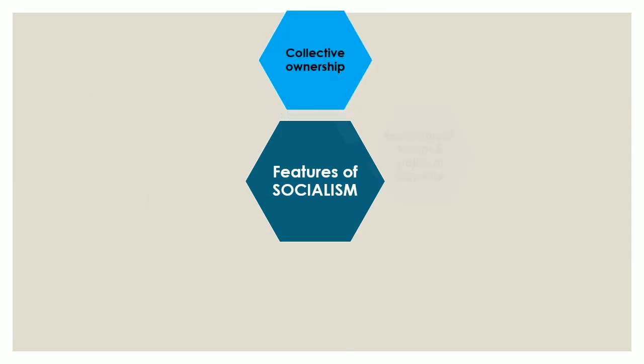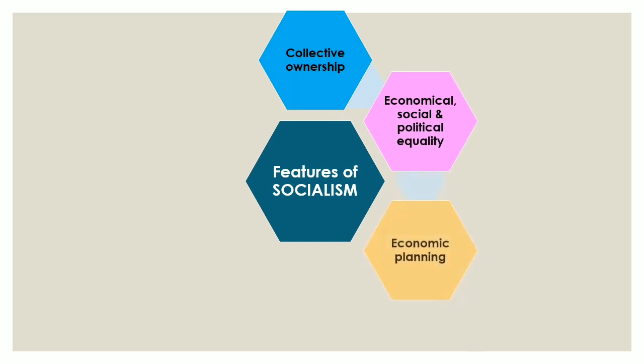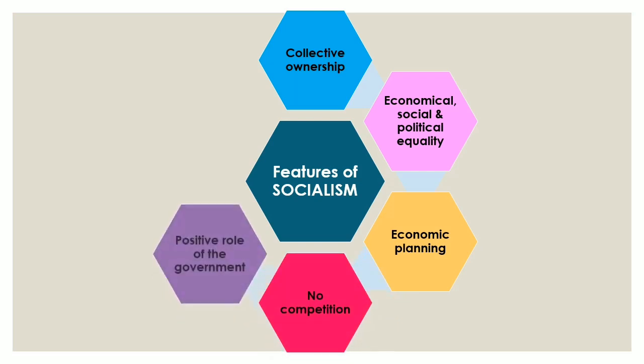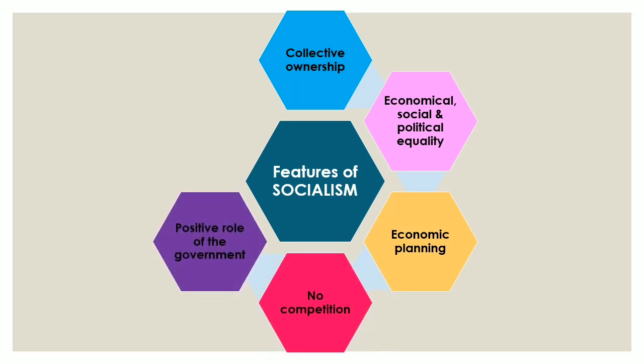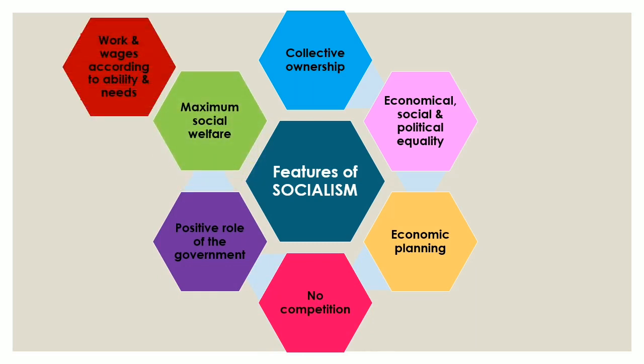There is collective ownership, economical, social, and political equality, economic planning. There is no competition. There is positive role of the government and maximum social welfare. And work and wages are according to the ability and the needs. These are the features of socialism.